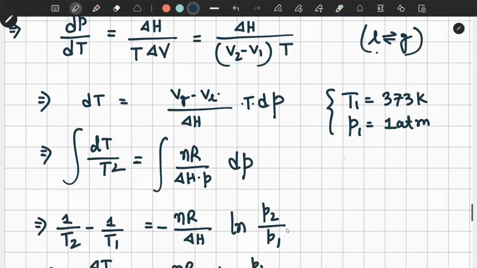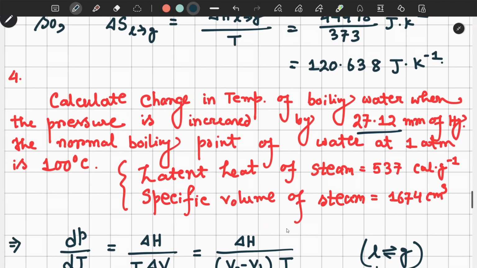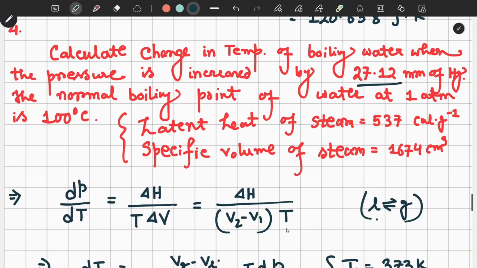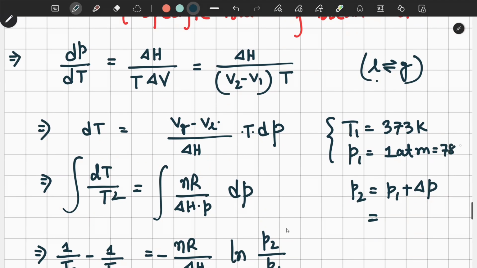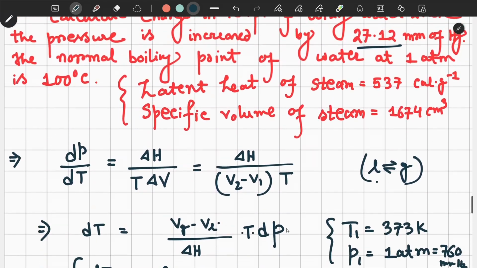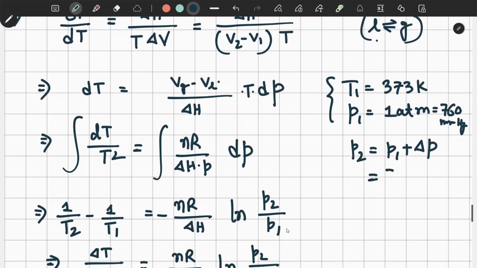And you know P2, which is P1 plus delta P. But this is in millimeter of Hg. So 1 ATM is 760 millimeter, or 76 centimeter. So it will be now 760 plus 27.